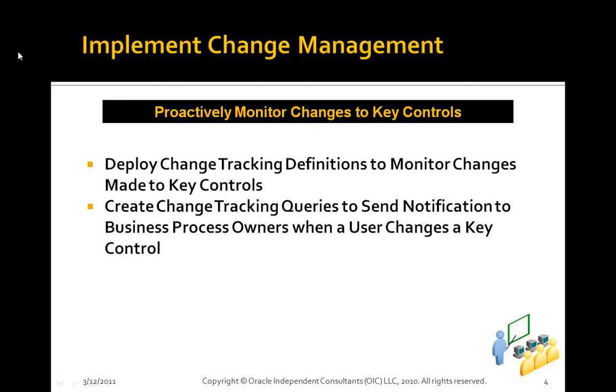Think of the change tracking query as the regular change tracking definition. You define a change tracking definition for a specific instance and application. You can define a change tracking query to apply to more than one instance, application, users, etc. Moreover, you can send notifications when another user changes one or more of the parameters defined for your query.